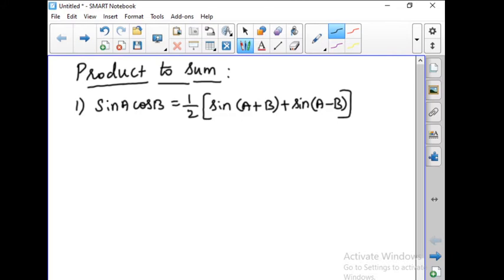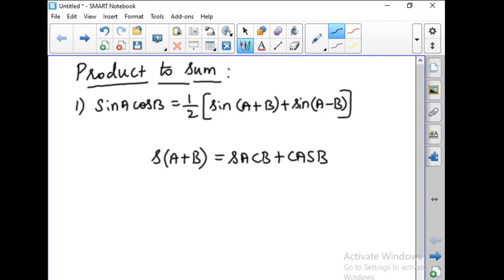Okay. So, first we have to take what is sin A plus B and sin A minus B. I will write sin of A plus B. I will write S for sin and C for cos. Sin A cos B plus cos A sin B, isn't it?